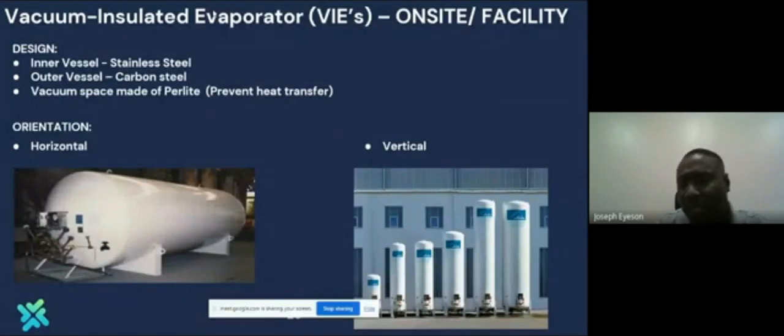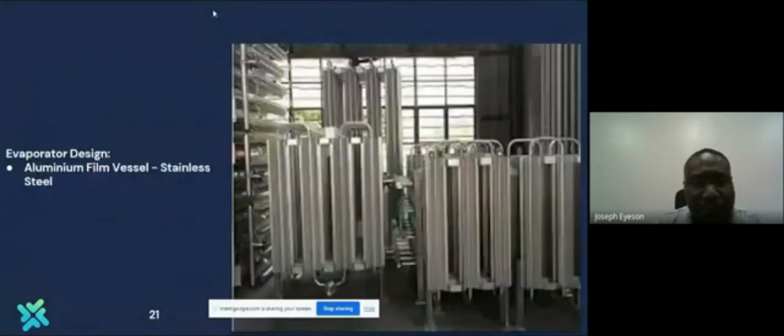The reason for doing that is to reduce heat transfer, because if any heat goes into the liquid oxygen, it will evaporate and you can lose most of the oxygen that is being produced. That is the reason there is a vacuum space filled with perlite between the two. So this is very critical when it comes to the design of the VIE tanks.